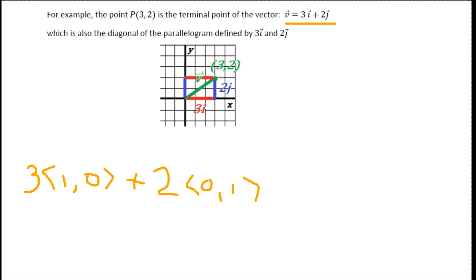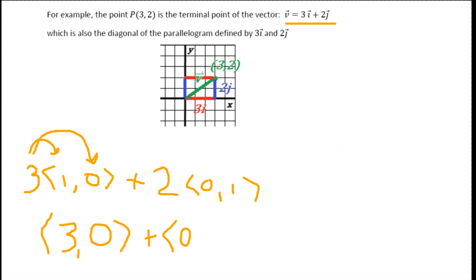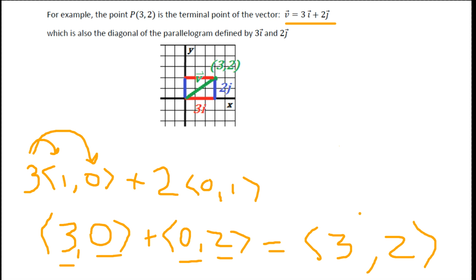And, well, if I first distribute my scalars, how big am I scaling this, right? 3 times i becomes the vector (3, 0). 2 times j becomes the vector (0, 2). And when I add those two vectors together, adding the components, 3 plus 0 is 3. 0 plus 2 is 2. And of course, I'm getting back to exactly where I wanted to be.